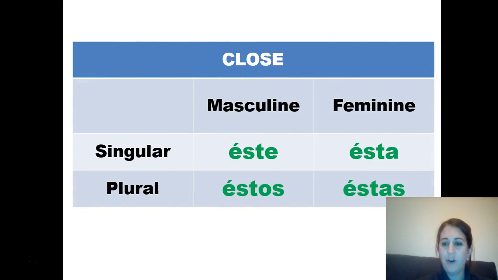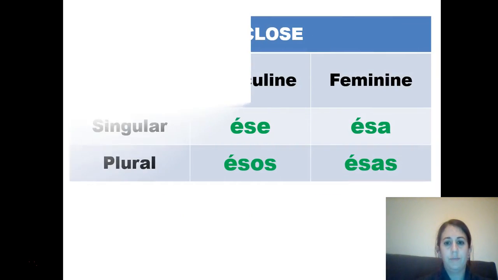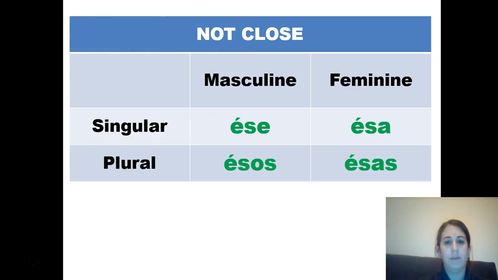So, if you'll notice, our charts are the exact same, but they have an accent on that first E. We're going to talk through that in just a little bit. So, este, esta, estos, estas. For something that's not very close, ese, esa, esos, or esas.